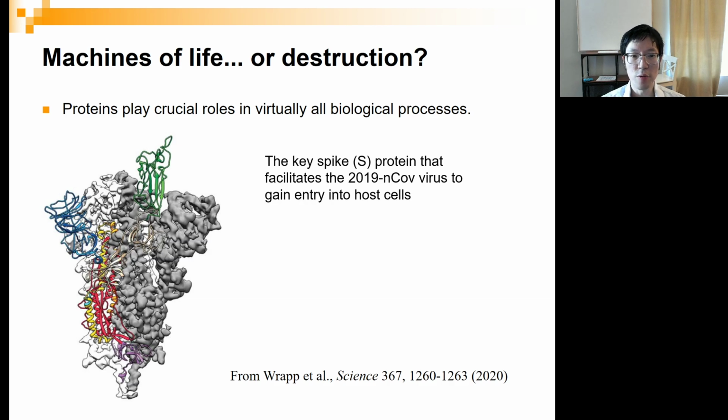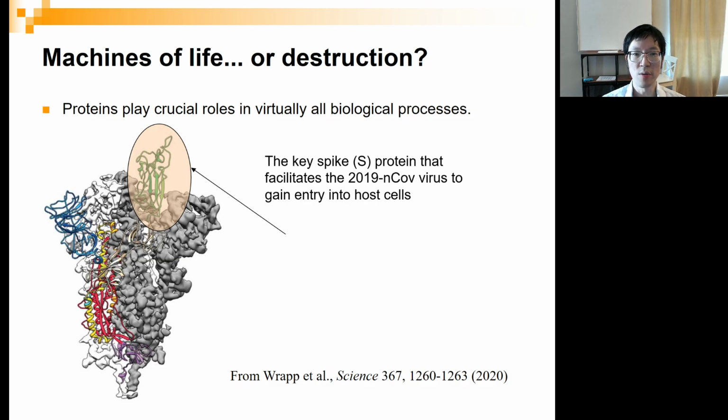There are a few distinct regions here that are color-coded, and I want to point out one really important region, the part that is highlighted in green. I've just drawn an ellipse around it. This portion is sort of sticking out from the rest of the protein.